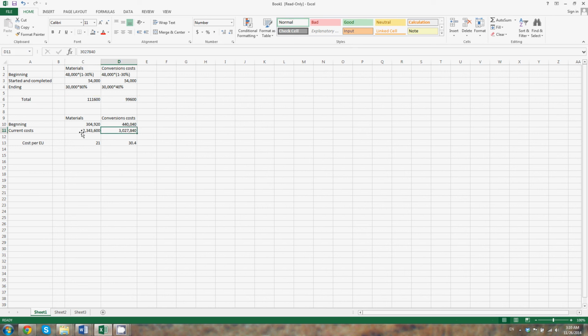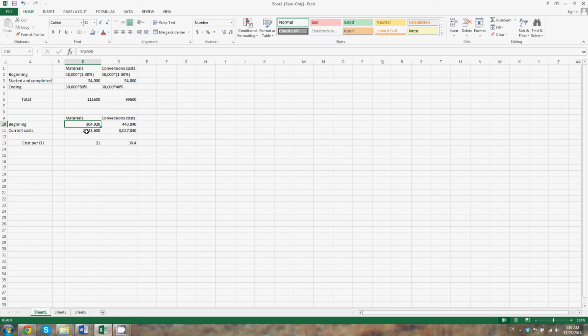Next we have table 2. Now this is the second very important difference between the weighted average method and the FIFO method. To calculate the cost per equivalent unit, we don't include the beginning.